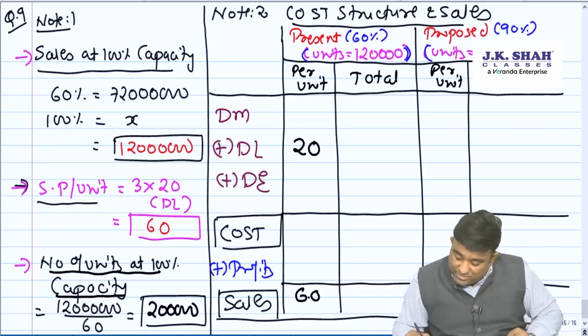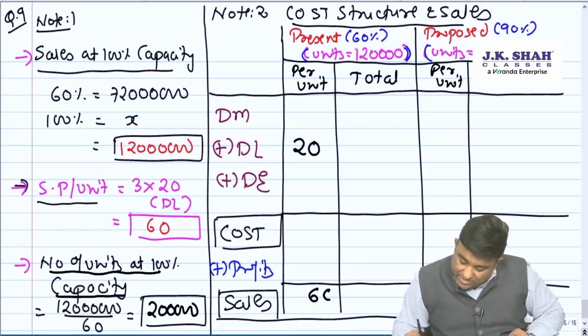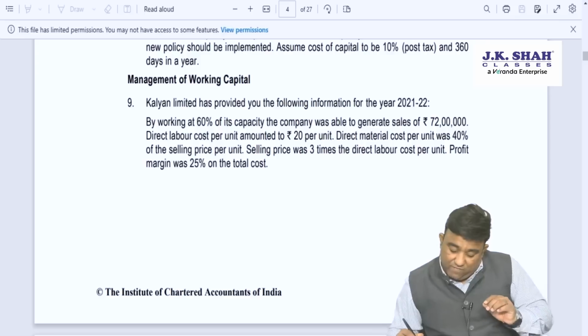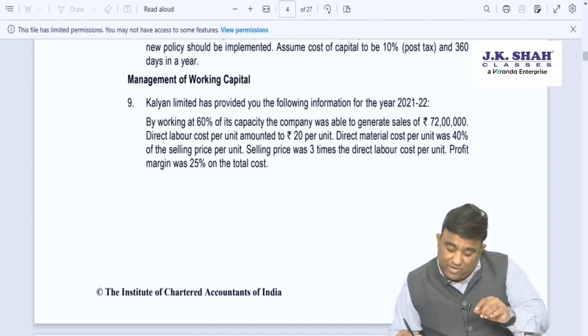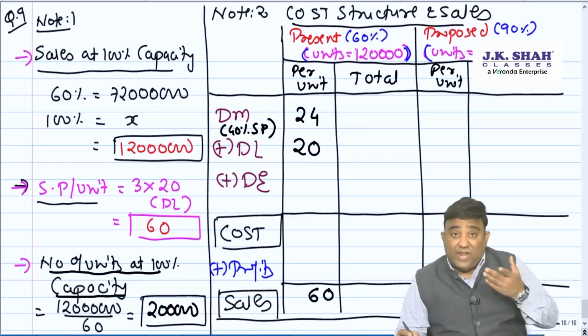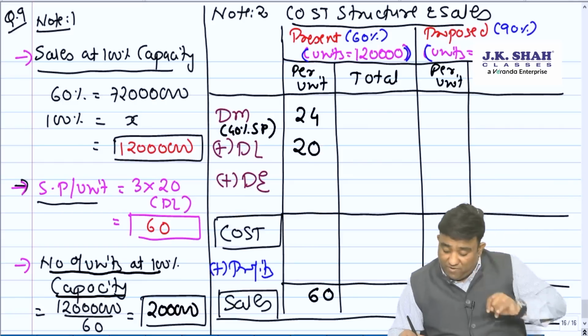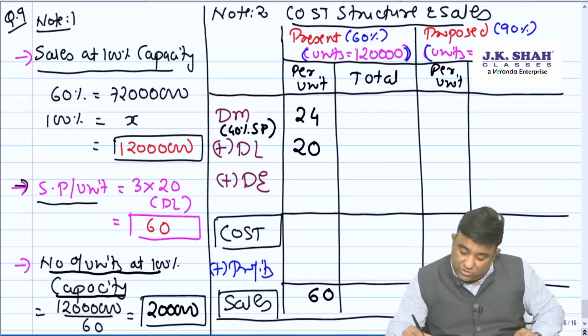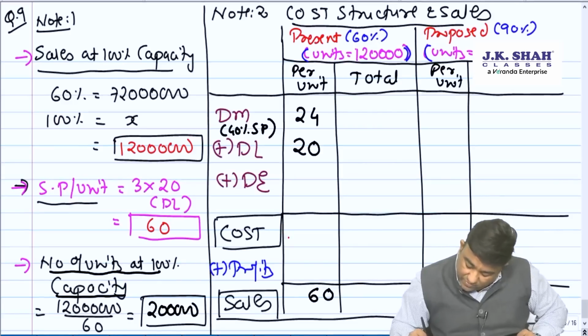And student, the best part, understand. What they have given you is direct material is 40% of selling price. So this is 40% of selling price, which is going to be 24. Now where is direct expense? For that, the percentage of profits is given, 25% on cost. So student, just for information, if this is 100, this is 25, so this is 125.